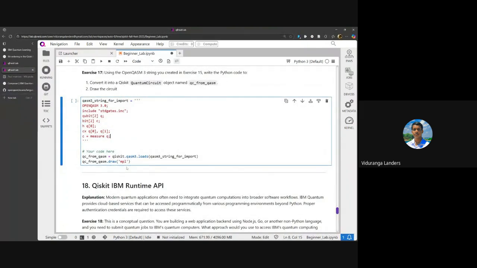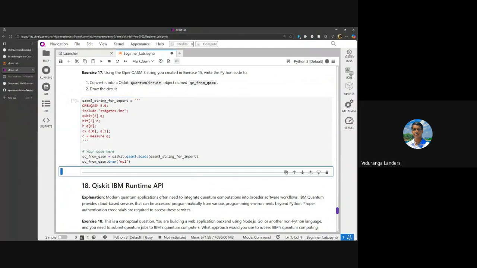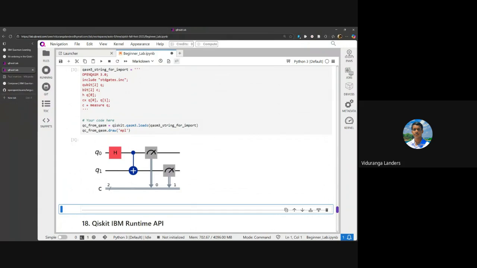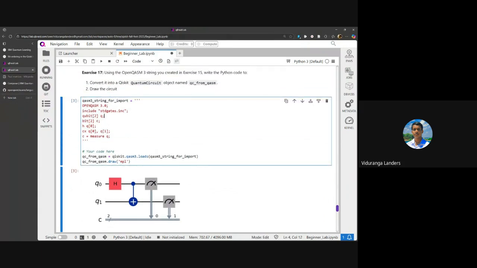here what we are doing is basically importing that OpenQASM 3 string as a quantum circuit in Qiskit. So as you can see, same stuff as before up to the classical register. Then I have added the H gate. Then I have added the control not gate, control Q0 and target Q1.